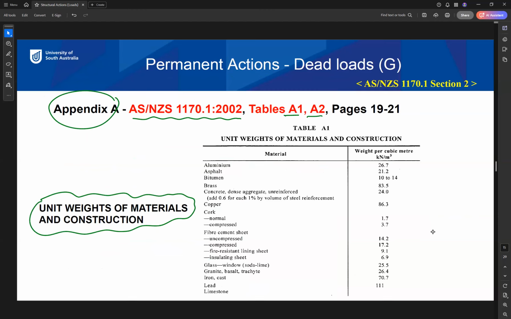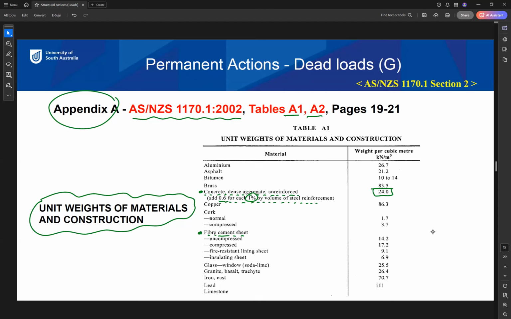So for example, for concrete, if you are designing a building of concrete, if it is unreinforced, it is 24, and if it is reinforced, you can add a value of 0.6 for each 1% of reinforcement. Another material, for example, if you are using fiber cement sheet for walls.